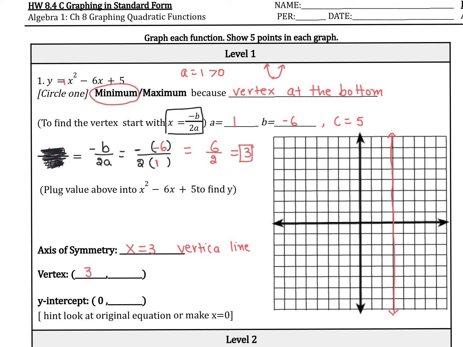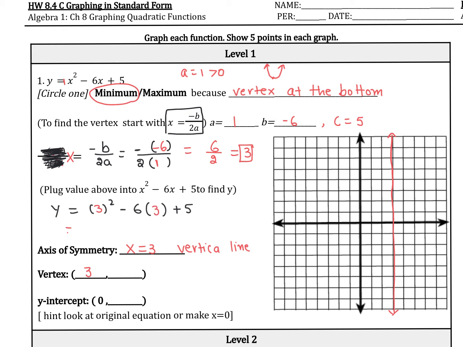So you're going to find y by plugging in the x value. So y equals, put brackets around the x value, and now you're going to use the x value, that is 3.